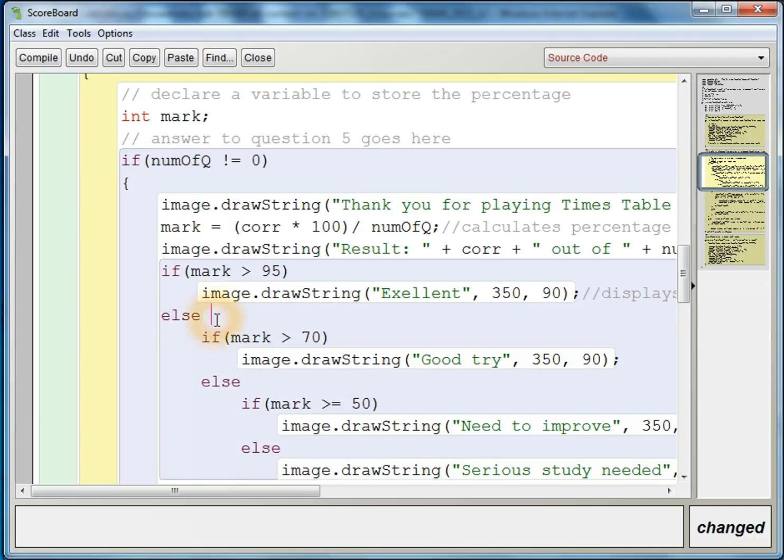Else, that means when do we come here? The opposite, which means the mark is less than or equal to 95. So when you come into this else bit, that means the mark is less than or equal to 95, the opposite.